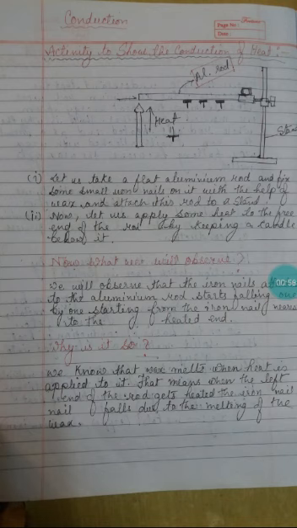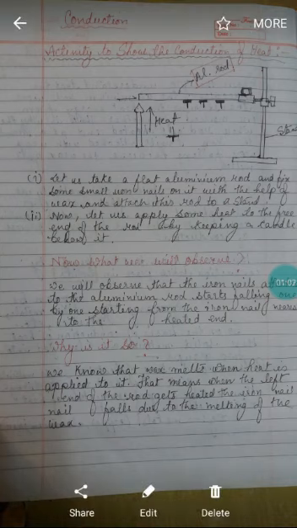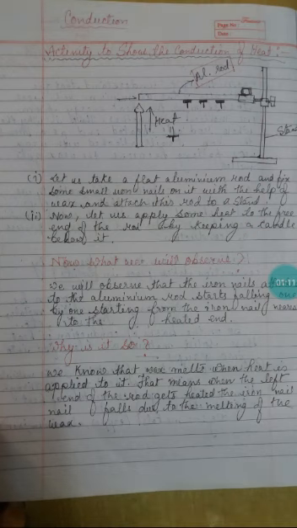So what we will observe now is that the iron nails attached to the aluminum rod start falling one by one, starting from the iron nail nearest to the heated end. So the question is now, why is it so?